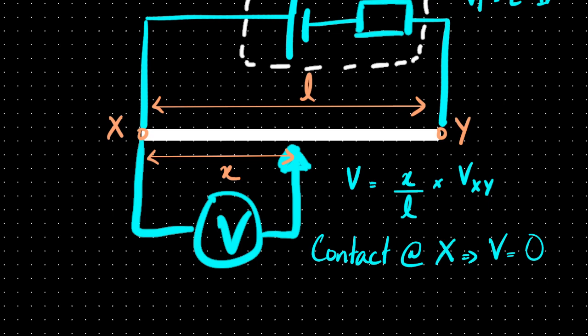So if the contact is at X, V is 0. If the contact is at Y, then the entire voltage Vxy appears, right?